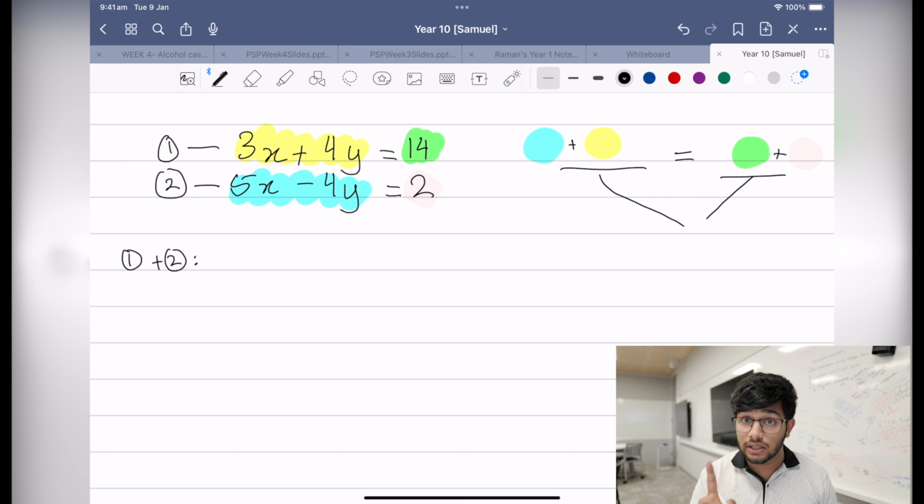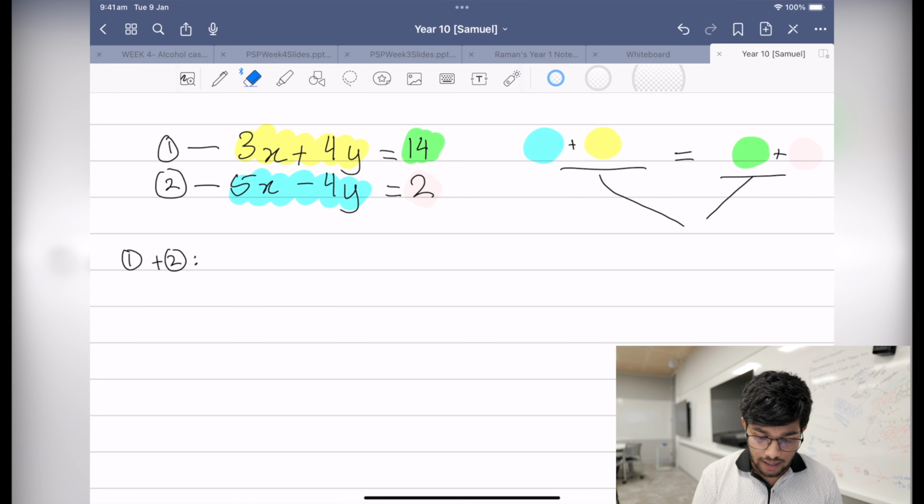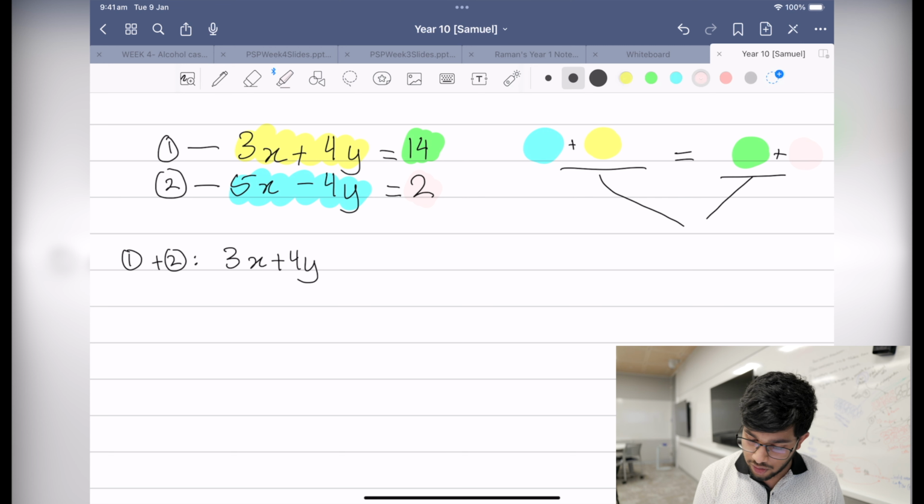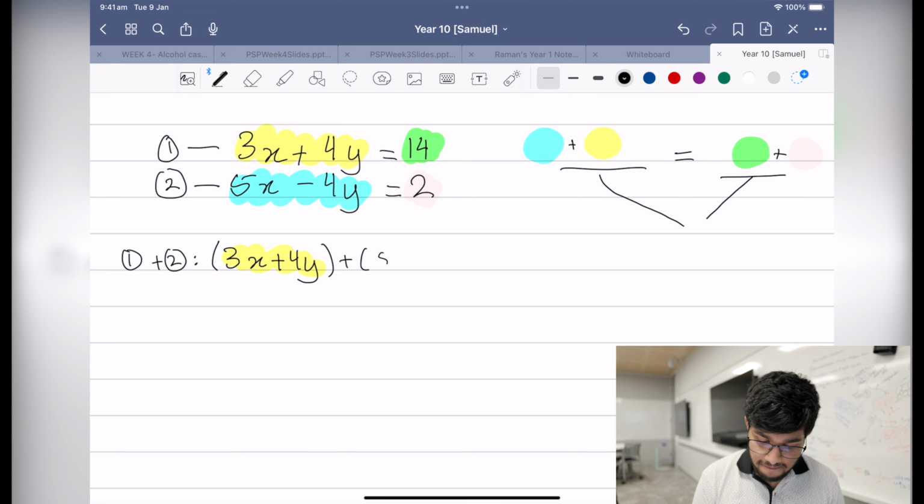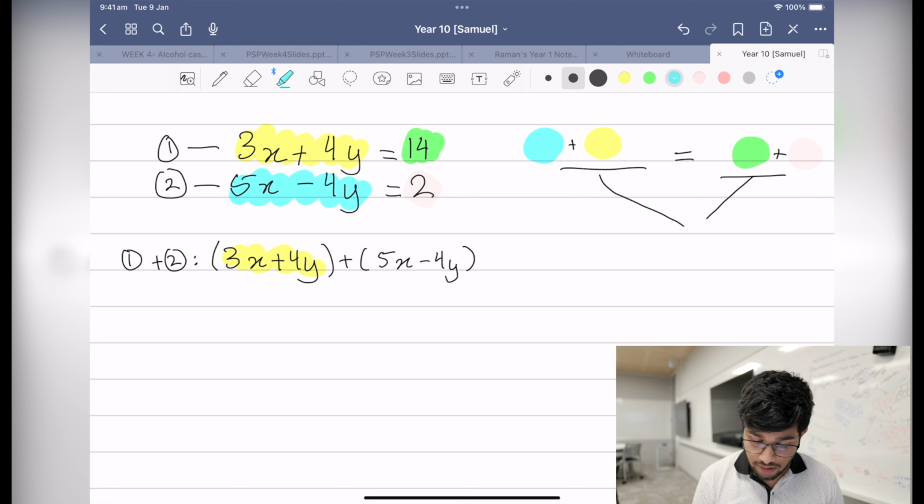Notice my working out, it's really important that you show proper working out. Equation 1 plus equation 2 would equal 3x plus 4y, so that here is the yellow part, added to 5x minus 4y. That's the blue part here.